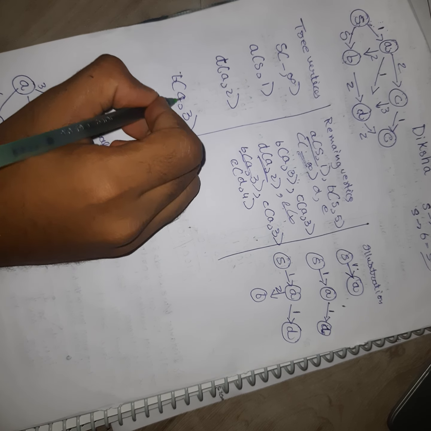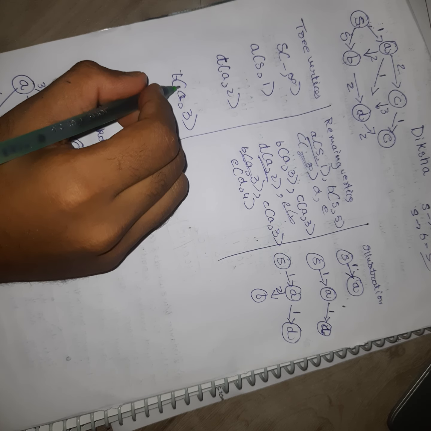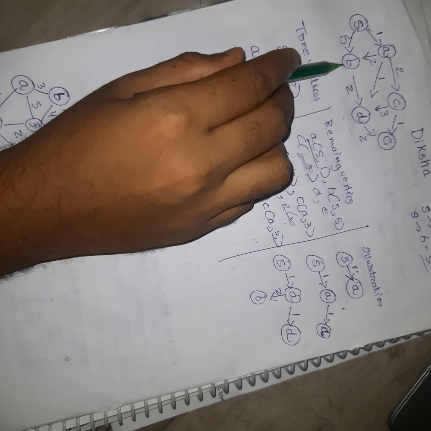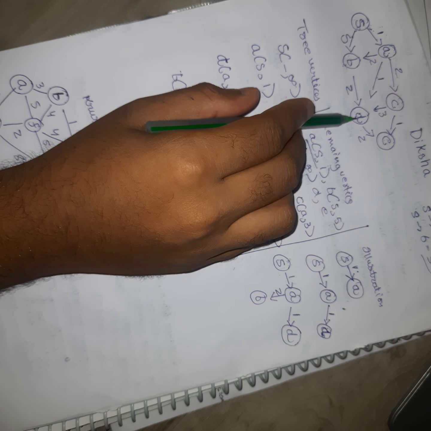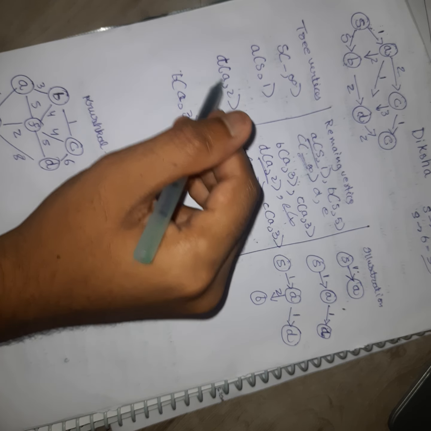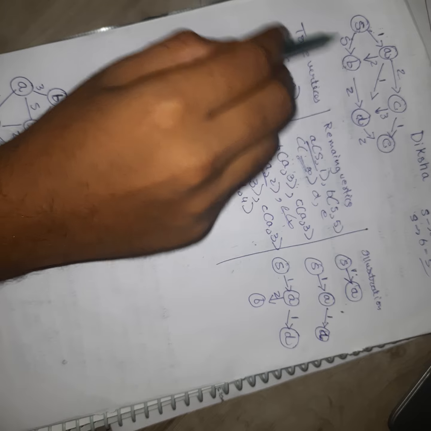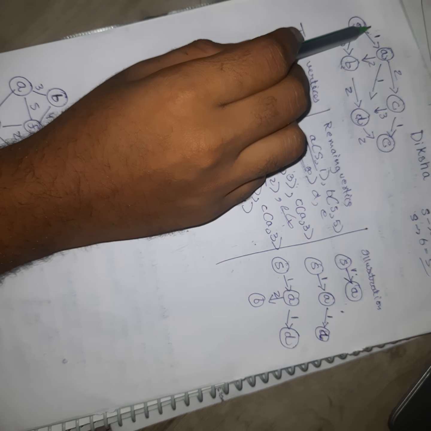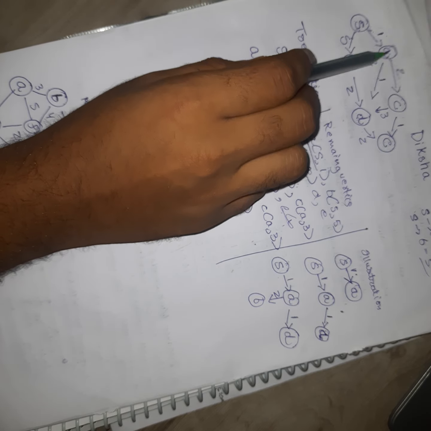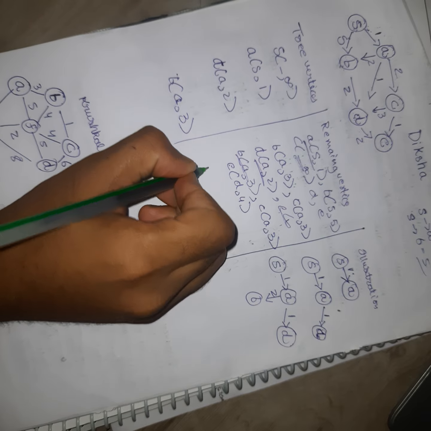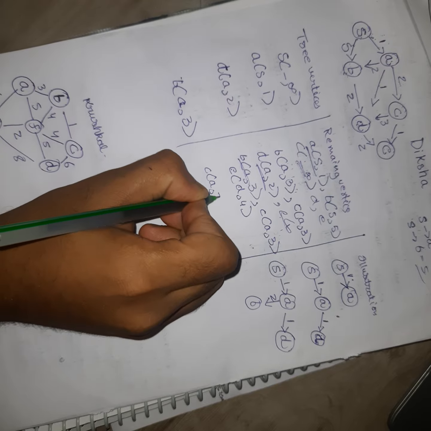Okay, here you will choose from B, C, where you can go. From B you can go to D, but D is already chosen, so you can't go anywhere from B, so cancel it. From A you can, yeah, you have chosen. From A you can go to C, so just write 3.